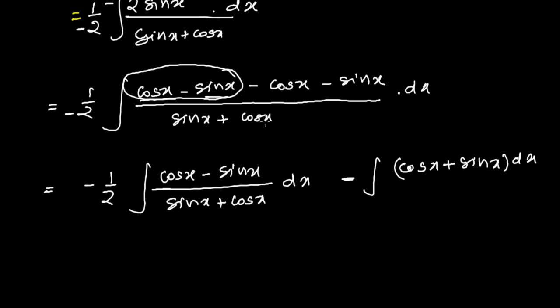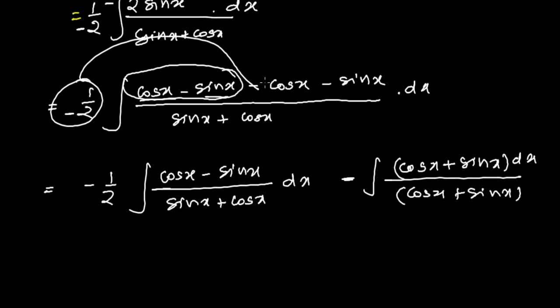See, here is sin x plus cos x, so you can exchange, you can first write cos x and then you can write sin x. That's not a big issue, like writing a plus b and b plus a, the same thing. And now, my dear friend, this minus half will multiply these terms also, after taking the negative. If you take negative common here, then it will be plus, and that negative will multiply this negative and it will be plus.